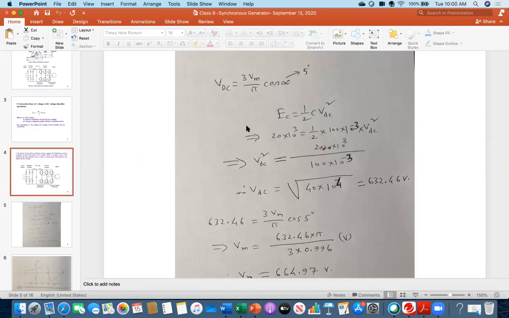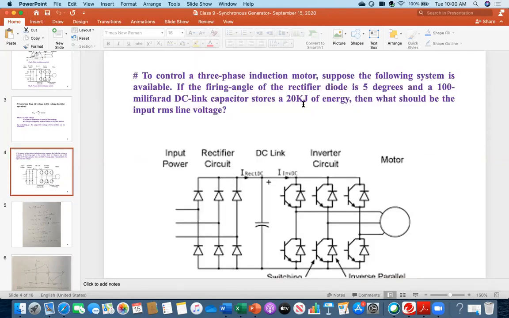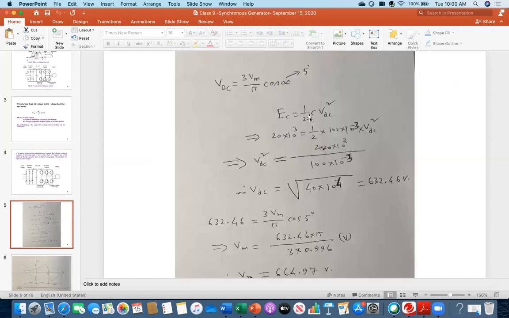What is the EC value? EC is 20 kilojoule, the storage capacity of the capacitor, and its value is 100 millifarad. So I am putting half times C, 100 converted into farad, 10 to the power minus 3, times VDC squared. And from there, I am calculating the VDC value.